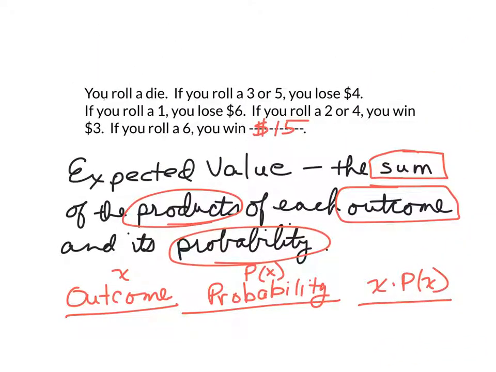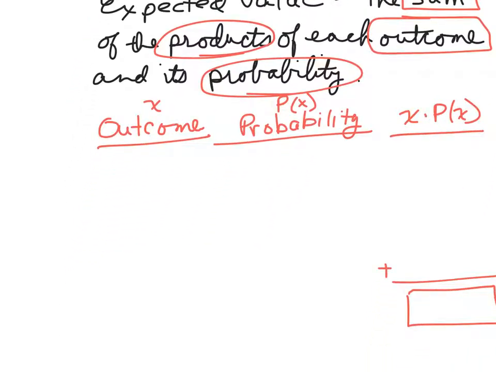We could lose $4 or lose $6 or win $3 or win $15. So minus 4, minus 6, plus 3, plus 15. That's everything that can happen. I could lose 4, I could lose 6, I could win 3, or I could win 15.